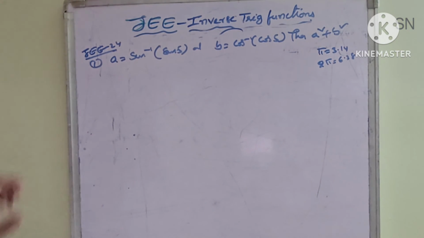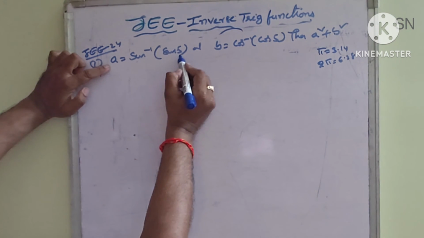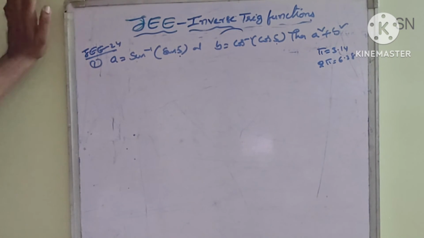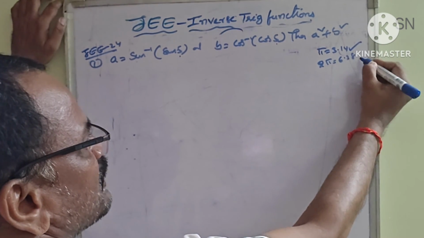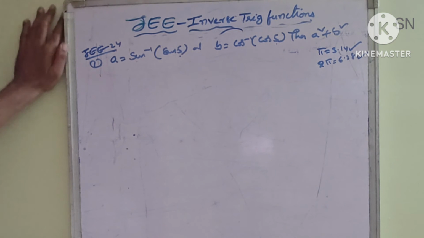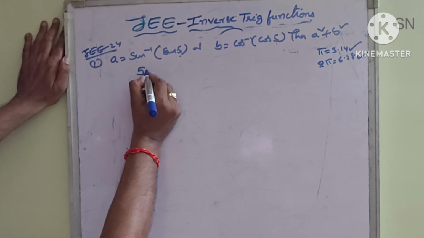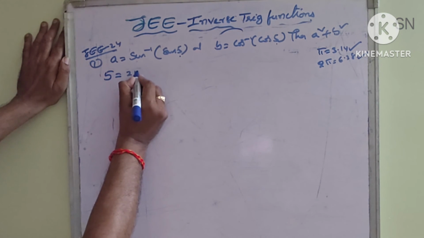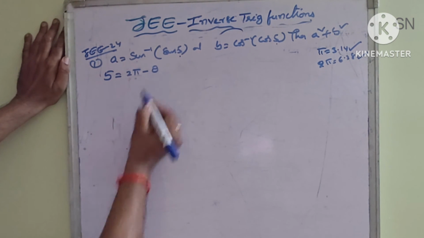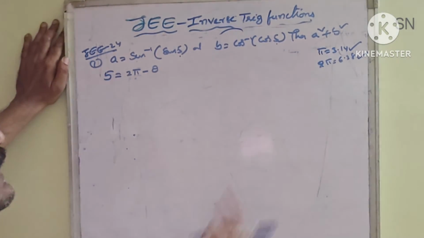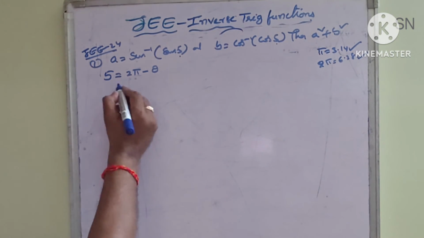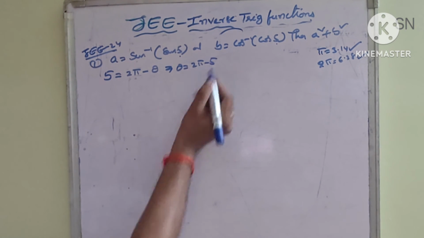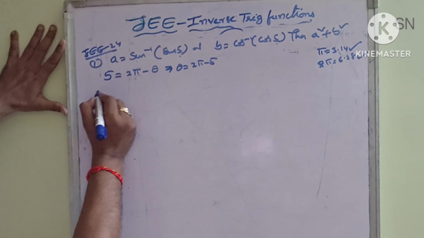Now one more model. If A equal to sin inverse of sin 5 and B equal to cos inverse of cos 5, then A square plus B square. We know that pi is equal to 3.14, 2 pi is equal to 6.28. Now here 5 is equal to 2 pi minus theta. Now here theta is equal to 2 pi minus 5. Now apply the sign.